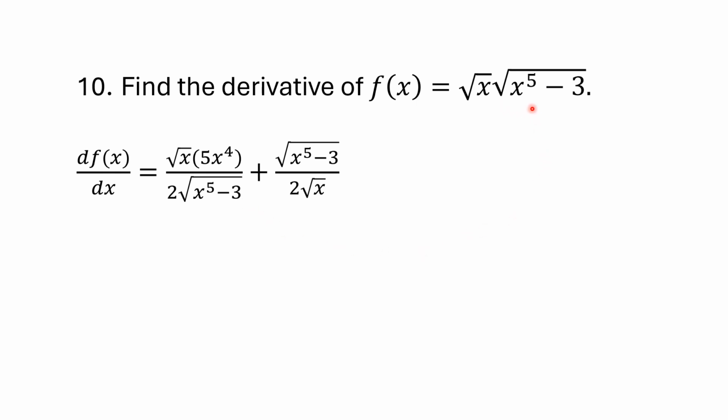Then we get the second function, square root of x to the 5th minus 3. And here we take the derivative of x to the 1/2, which becomes 1/2, so that's 2, x to the negative 1/2, and here's the square root of x in the denominator. I really don't care a whole lot about the fact that we have radicals in the denominator.